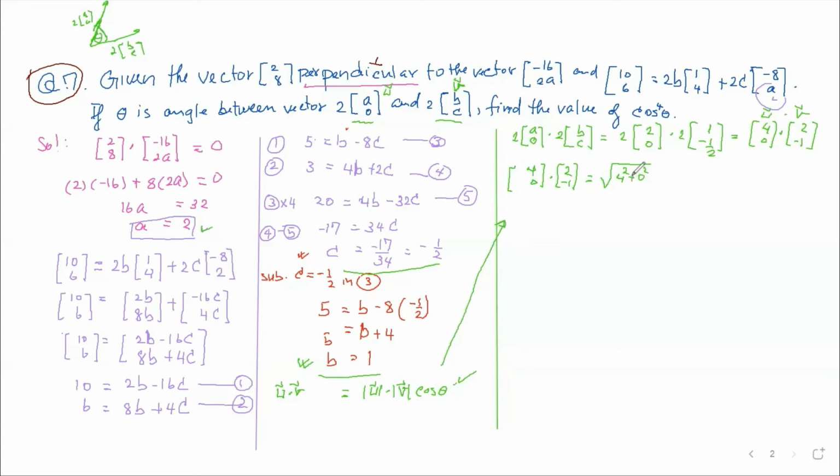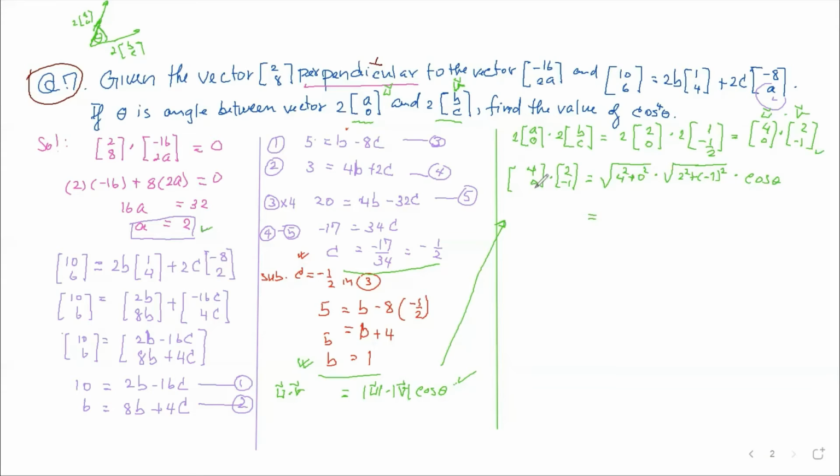The formula for the distance. Then times the distance of vector v, which is 2 squared plus negative 1 squared. And then times cosine theta.